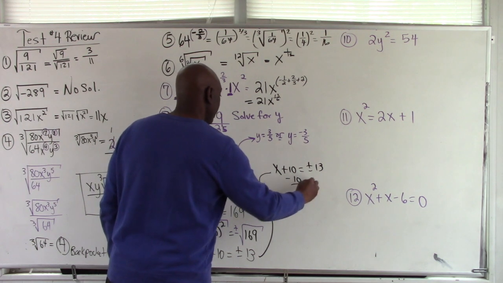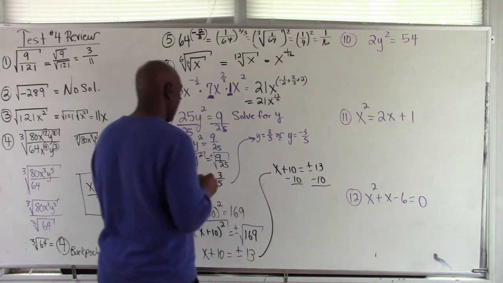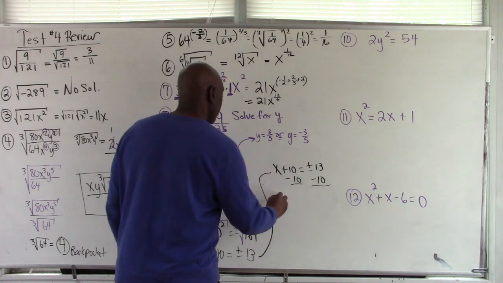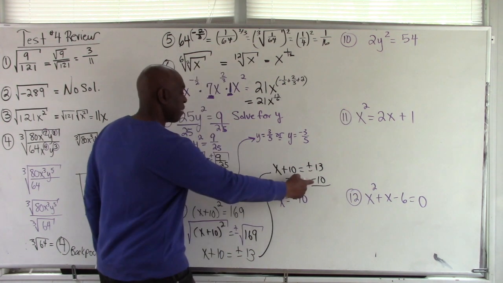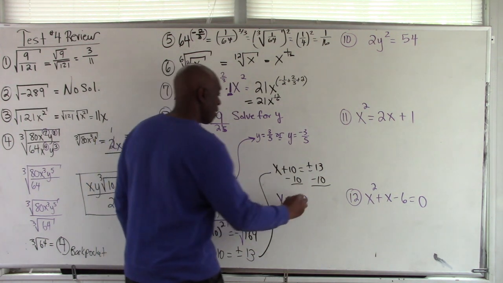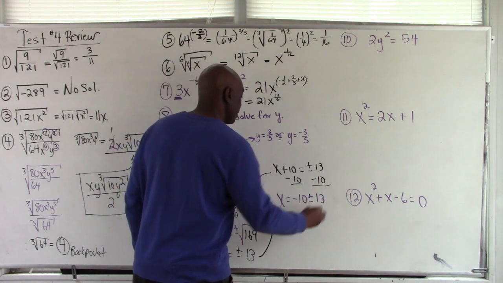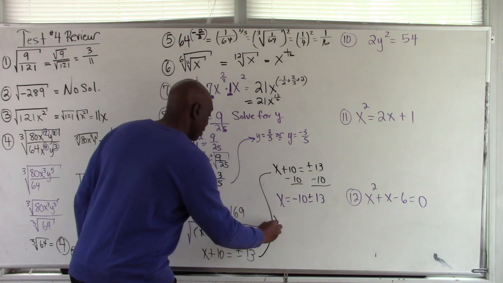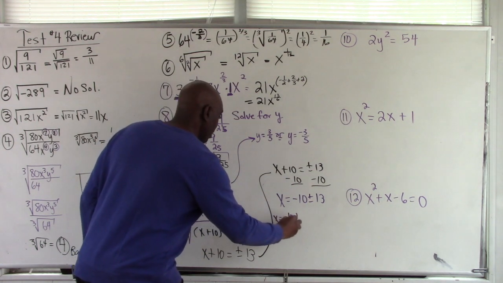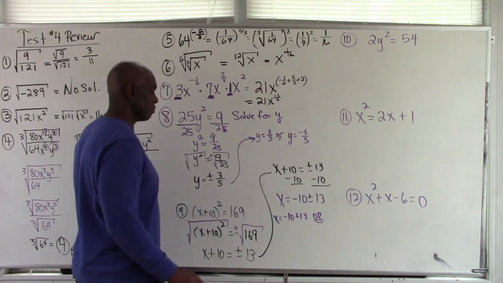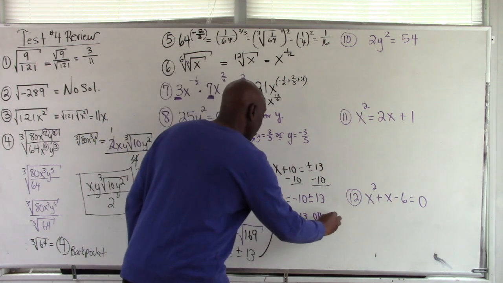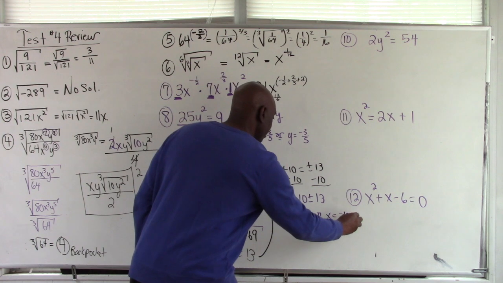Subtract 10, and we get x equals negative 10. Remember to write the minus 10 first, plus or minus 13. Split it up. x equals negative 10 plus 13, or x equals negative 10 minus 13.